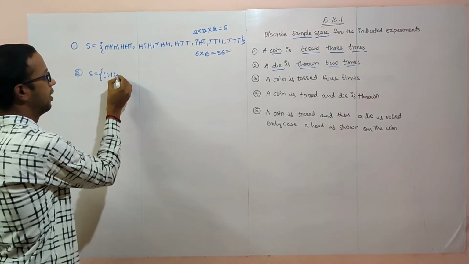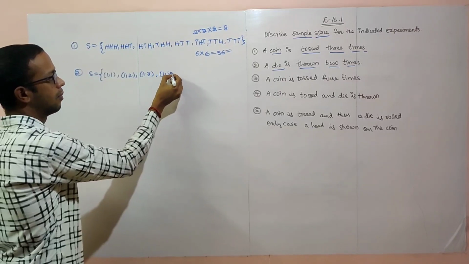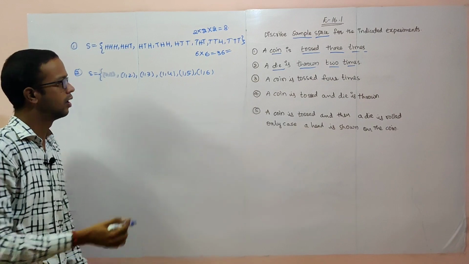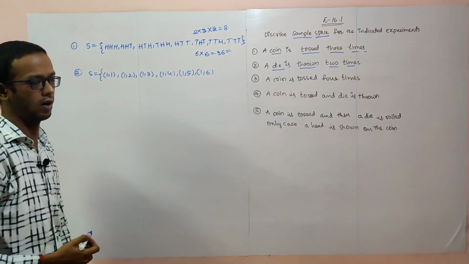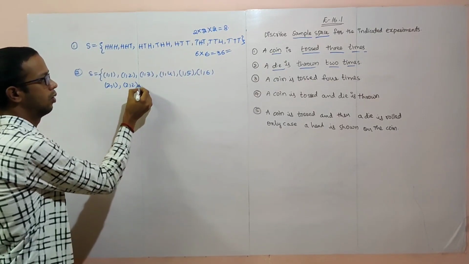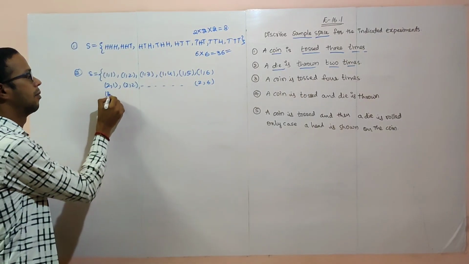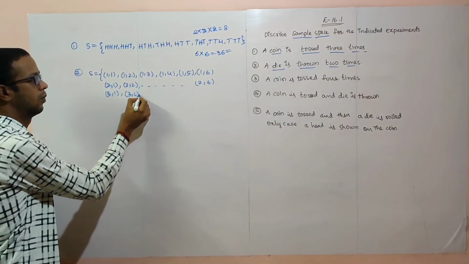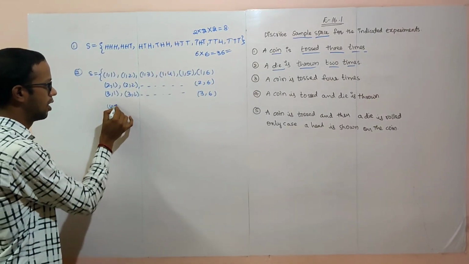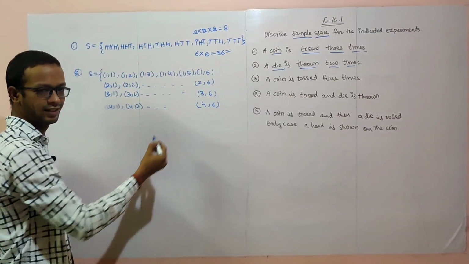Next (1,1), we can write (1,2), (1,3), (1,4), (1,5), (1,6). First time 1, second time different numbers. Next (2,1), also we can write (2,2), up to (2,6). (3,1), you will get (3,2), up to (3,6). (4,1), (4,2), so on (4,6).